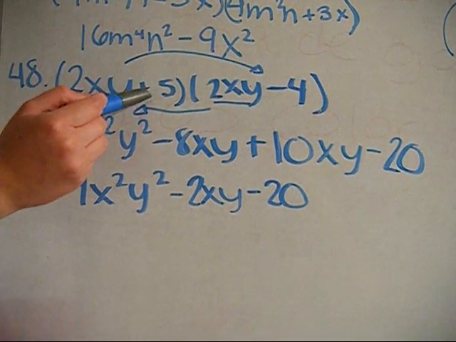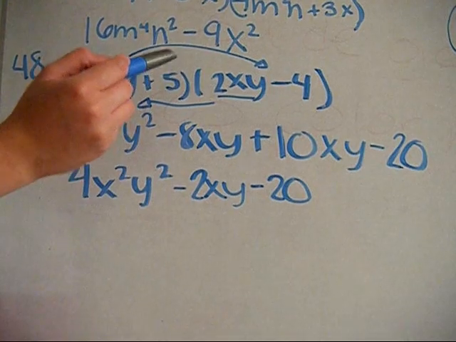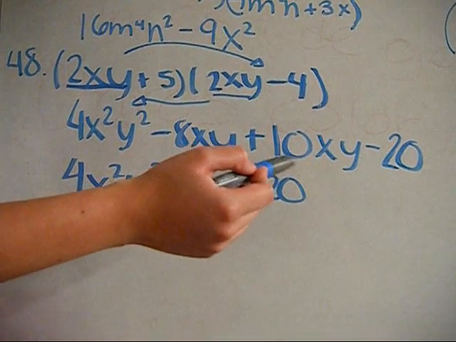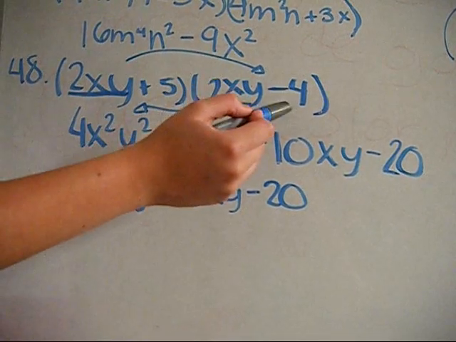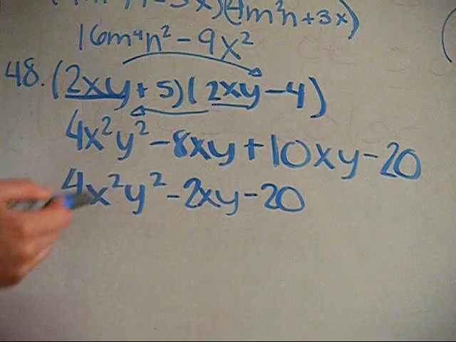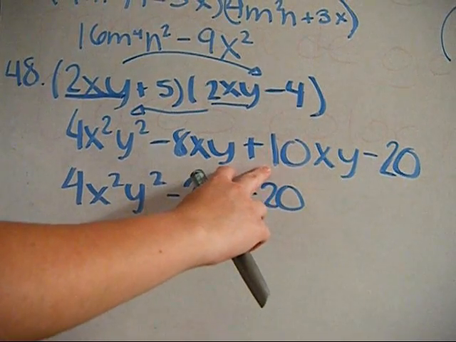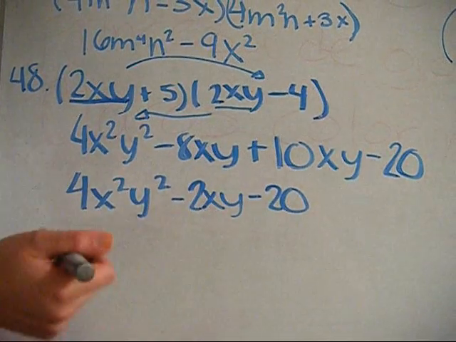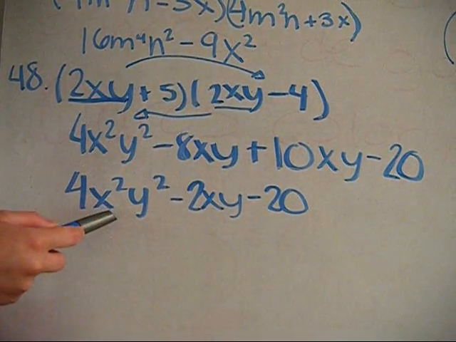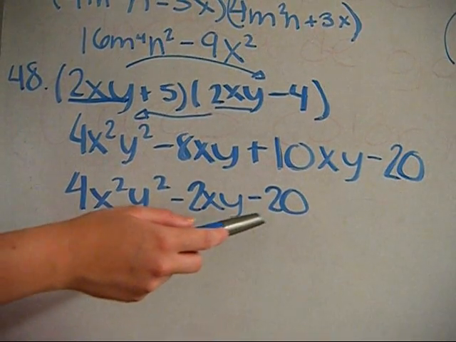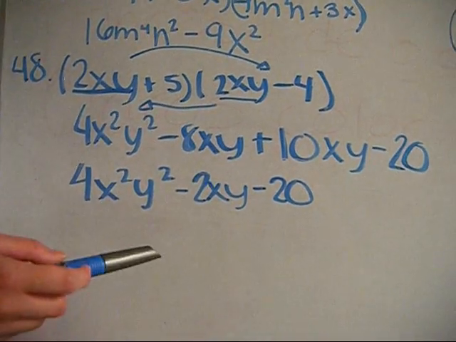And we're going to do the same with positive 5, which is going to be 5 times 2xy. We're going to have 10xy, and then 5 times negative 4, which is going to be negative 20. And we're only going to add the two numbers that have the same values, and we're going to have 4x squared y squared minus 4xy minus 20, and this is our final answer.